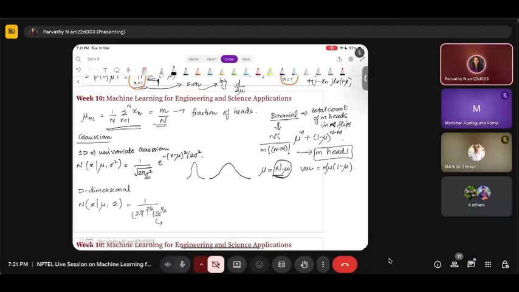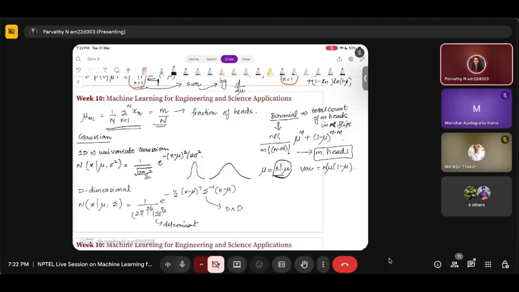So this is the determinant of the covariance matrix, and then the exponent.